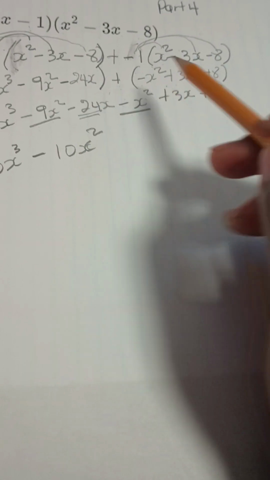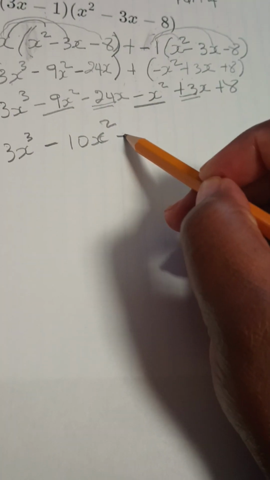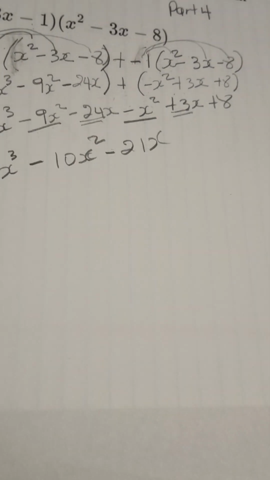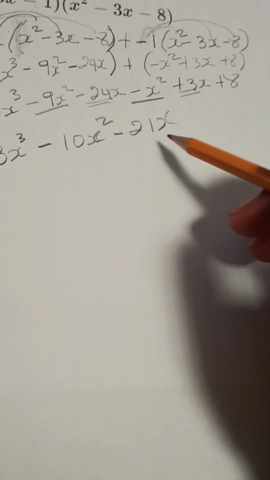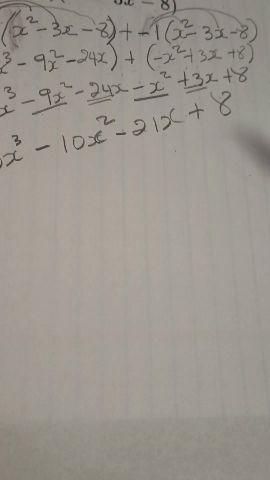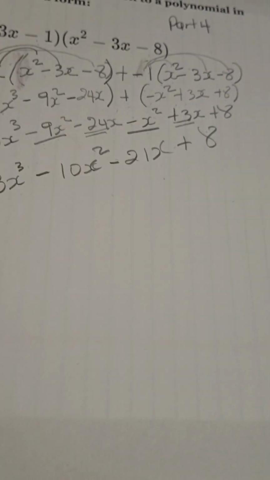Then I have my -24x and my positive 3x, which gives me negative 21x, and then I have my plus 8. So there you have it. It's 3x to the third minus 10x squared minus 21x plus 8. Thank you.